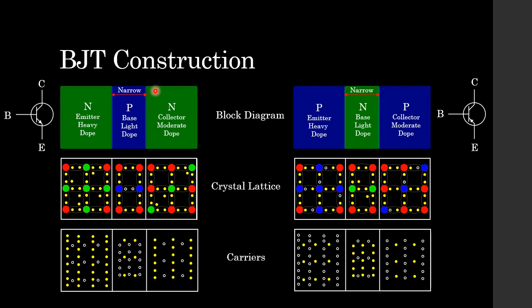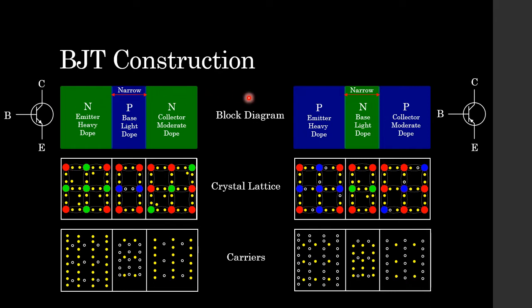And the base in either the NPN or PNP transistor is lightly doped. And finally, the collector in either the NPN or PNP transistors is moderately doped. And the base region is a very narrow region when compared to the emitter and the collector regions.